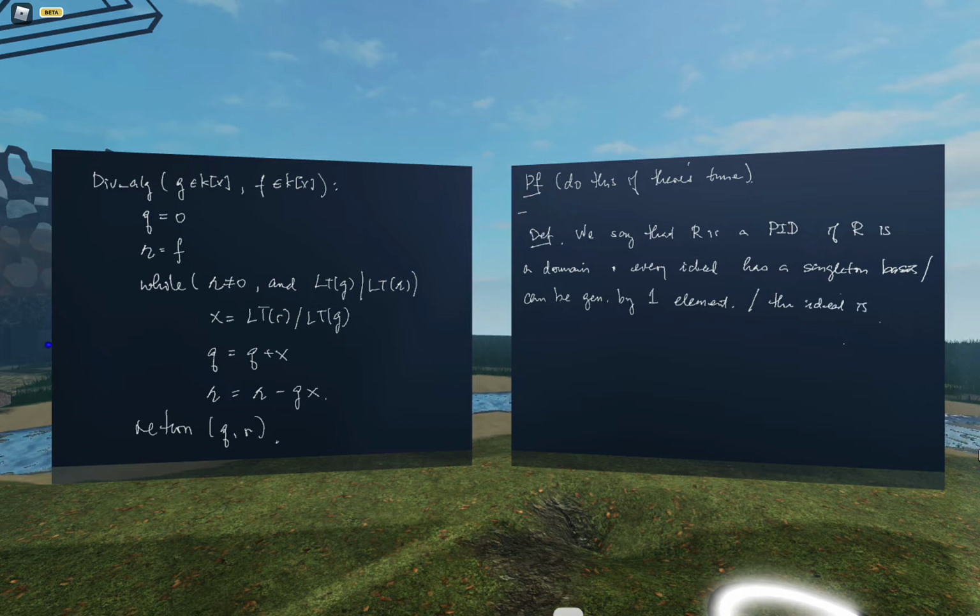So these are all equivalent ways of saying the same thing. Some of these have meaning, some of these don't. Principal is just a name, but being generated by one element, we know what that means. Okay, so all polynomial rings are domains, so we don't actually have to know what that is, and that's fine. So PI stands for principal ideal, right?